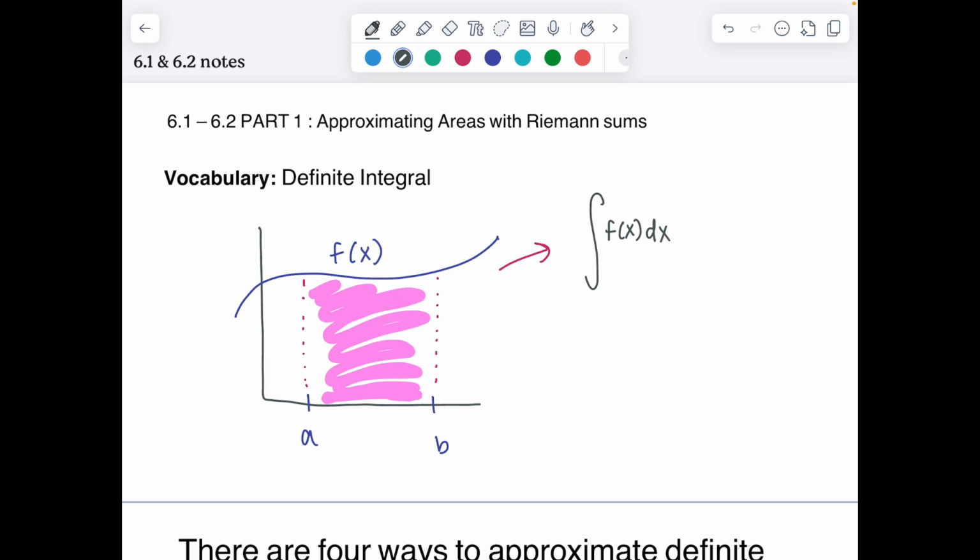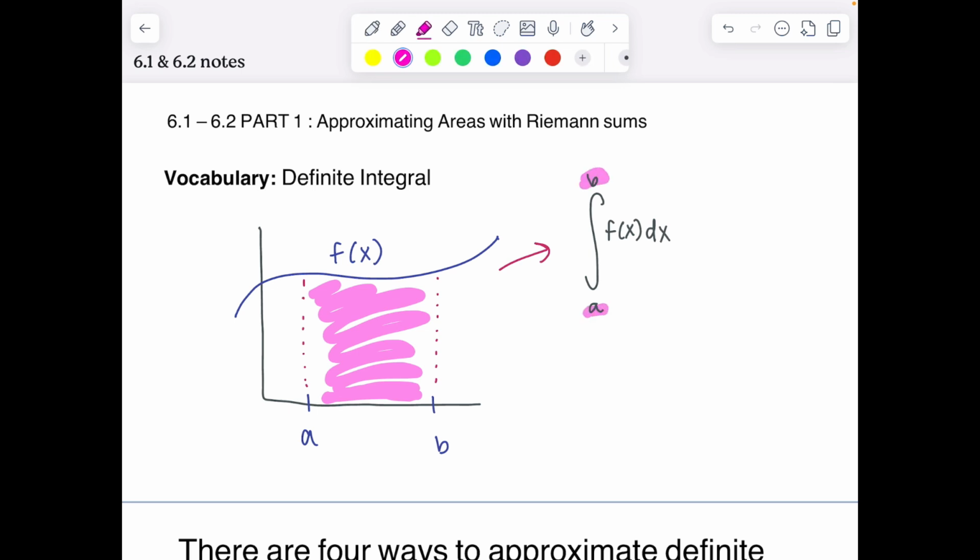Then you put your lower bound on the bottom and your upper bound on the top. The smaller number goes down here, so a, and then you put b up here. These are the bounds.